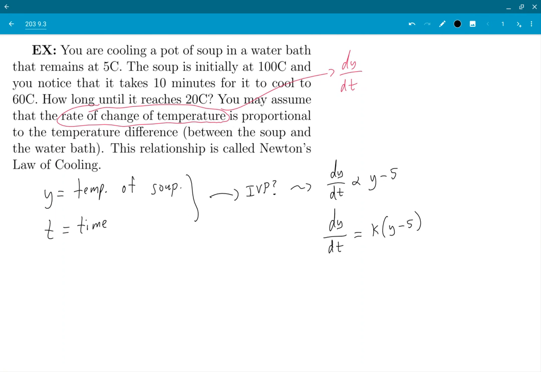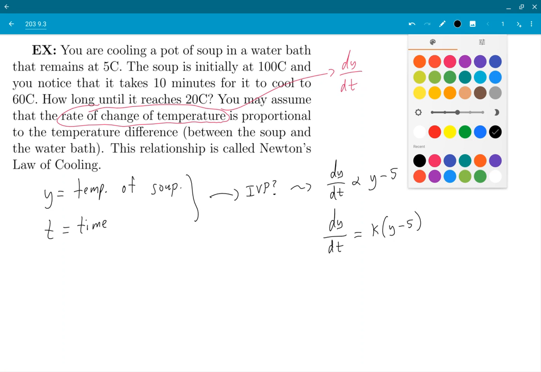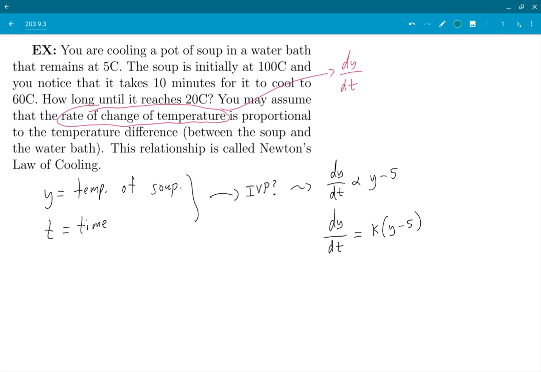Now I need an initial condition. And where can I get that? Well, initially at 100 degrees Celsius. What does that tell me? Y equals 100 when t is 0. And then we have this bit.